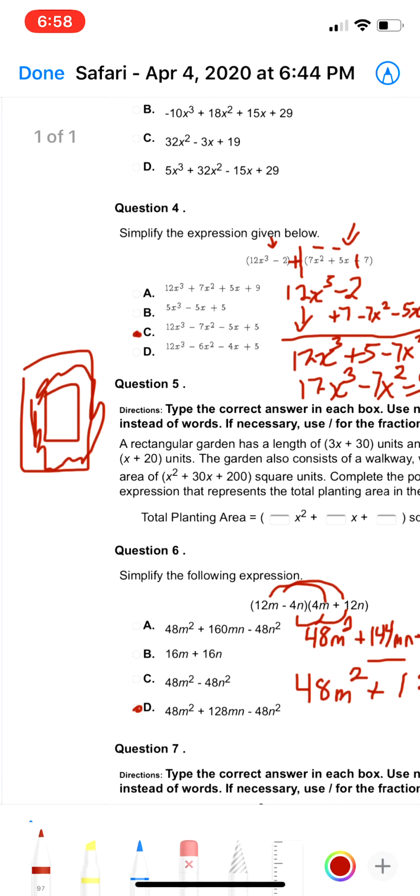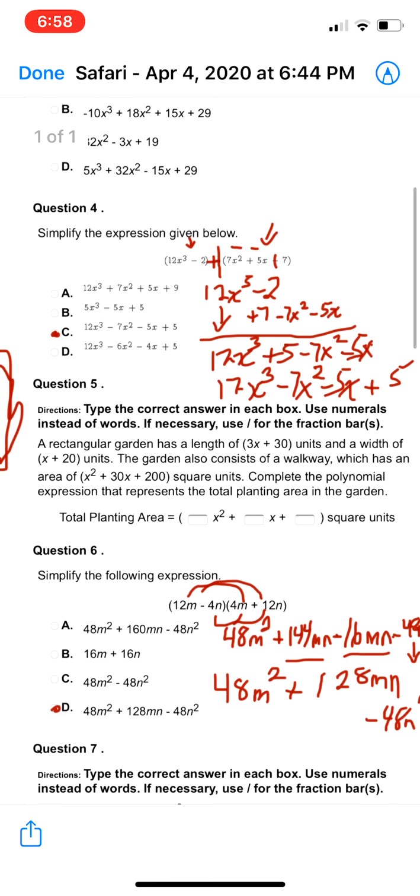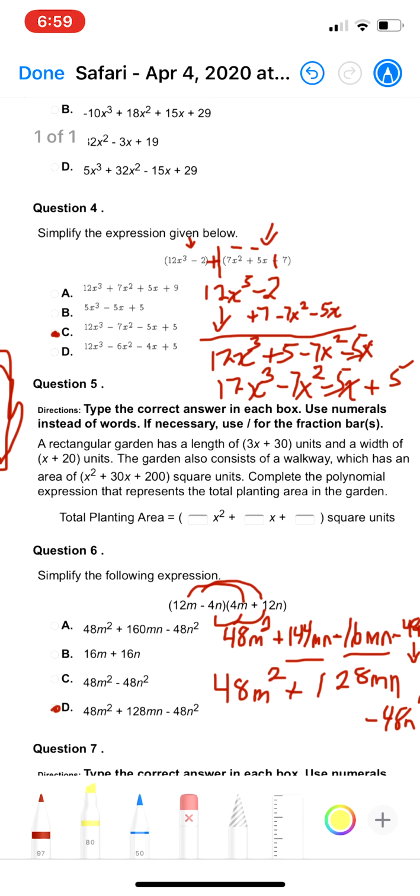I'm going to pretend it's like a sidewalk around it. It doesn't really say. But it gives us the area of the walkway, which is right here. We need to know the total planting area. So you obviously can't plant on the walkway. You could just plant in the grass.